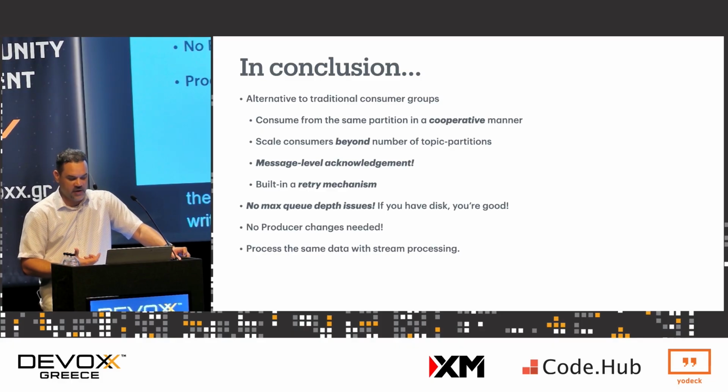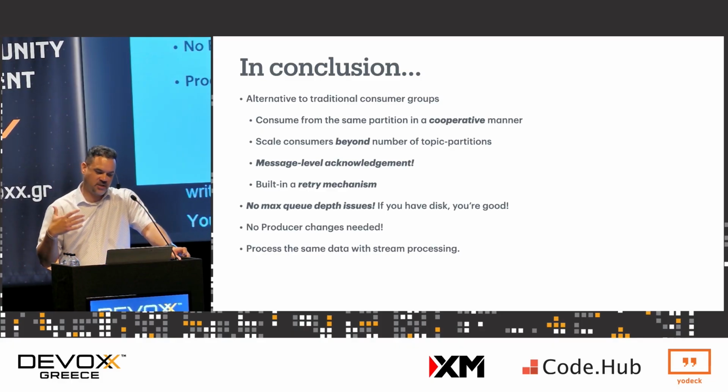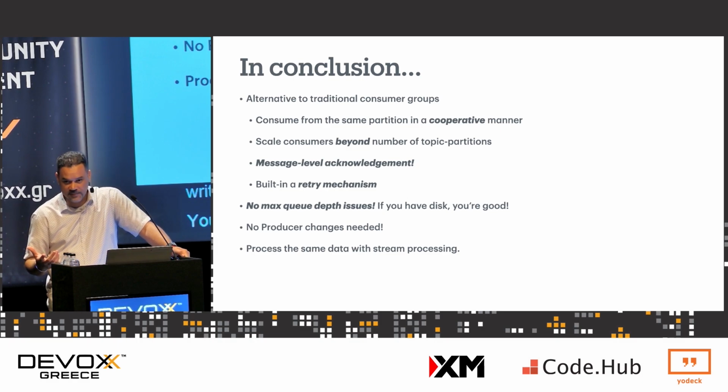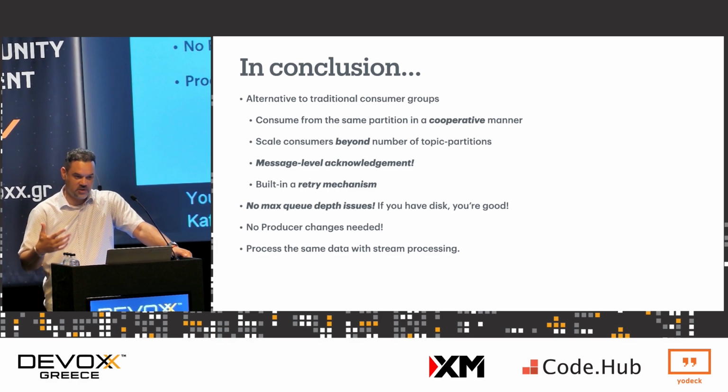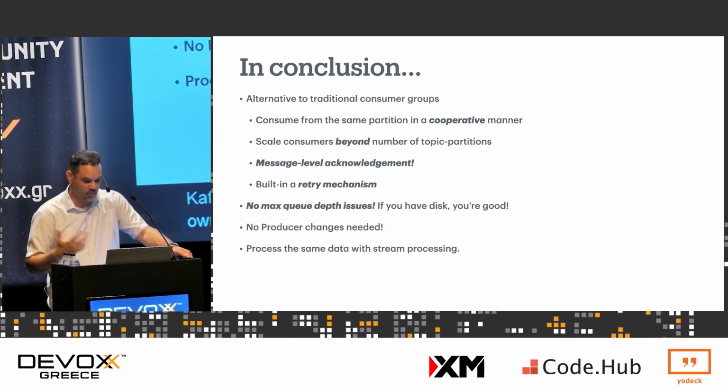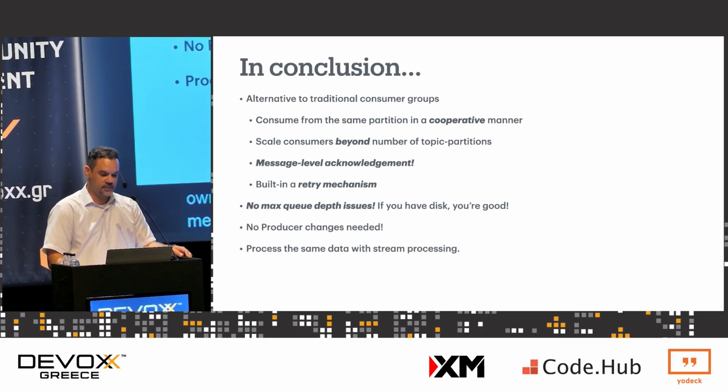You don't necessarily have that issue here with queues for Kafka because typically in Kafka, if you got disk, you're good. So if you're using open source Kafka or managing your own Kafka, just be sure you provision your data volumes appropriately. And again, as I mentioned, you can process that same exact data with stream processing or point-to-point.